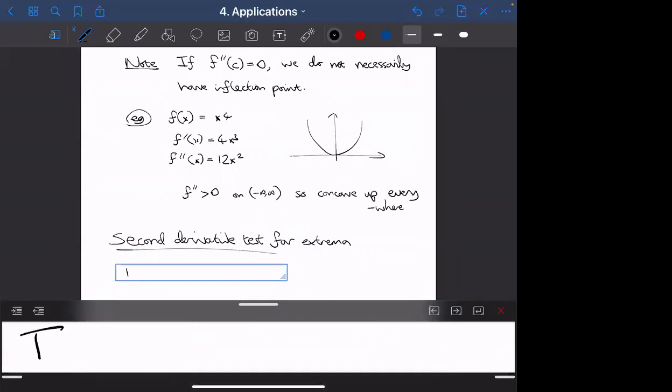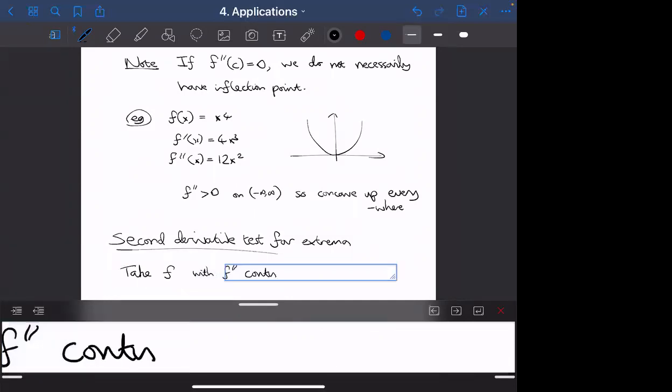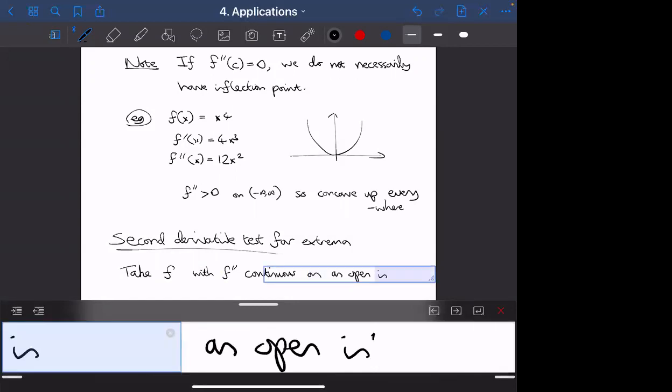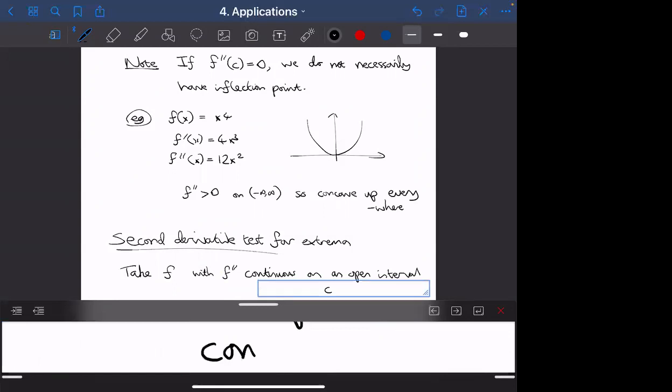So take f prime prime continuous on an open interval containing c.